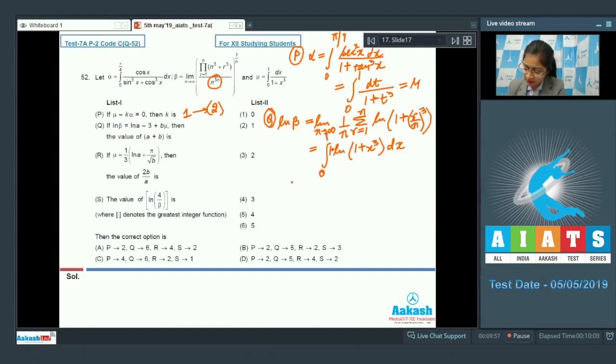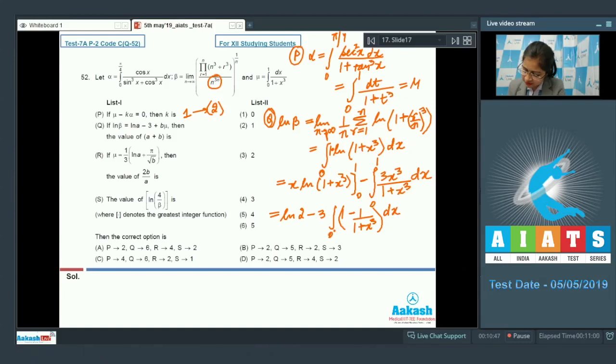Now solving it by parts, it will be equal to x into ln of 1 plus x cube, limit from 0 to 1, minus integral of x into 3x square, that is 3x cube divided by 1 plus x cube into dx from 0 to 1. So this is equal to ln 2 minus 3 times integral of, adding 1 and subtracting 1, we will get 1 minus 1 upon 1 plus x cube into dx from 0 to 1.